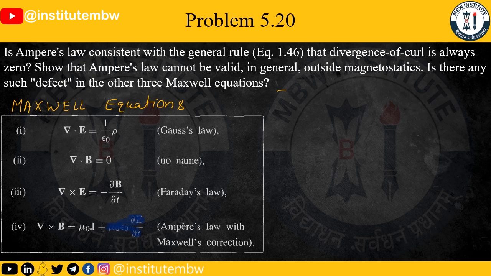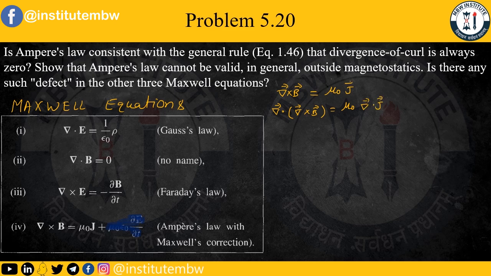We are given del vector cross B vector is equal to mu naught J. When we take the divergence of it, the divergence of curl of B is equal to mu naught del vector dot J vector.